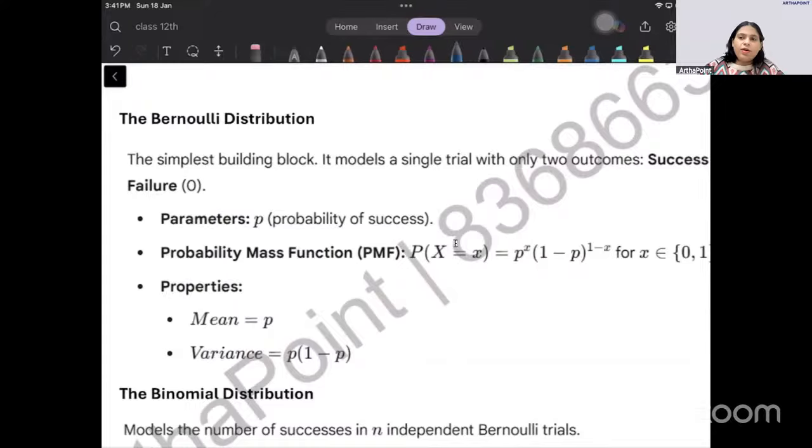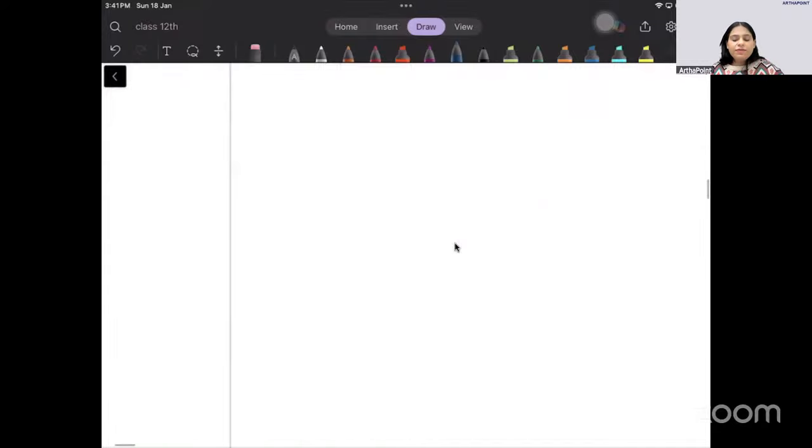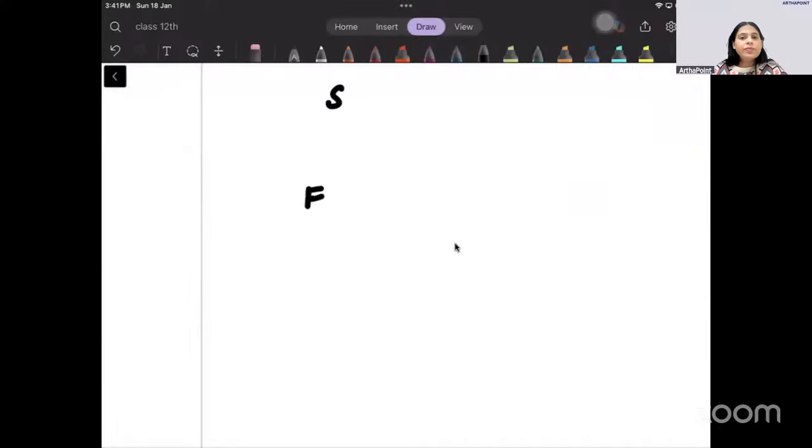Okay, we'll start there. So the first distribution that we want to do, उसको हम बोलते हैं Bernoulli distribution. Bernoulli is where there are only two outcomes. One is success and one is failure.